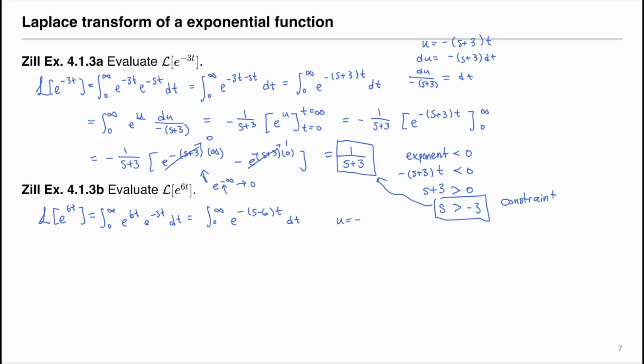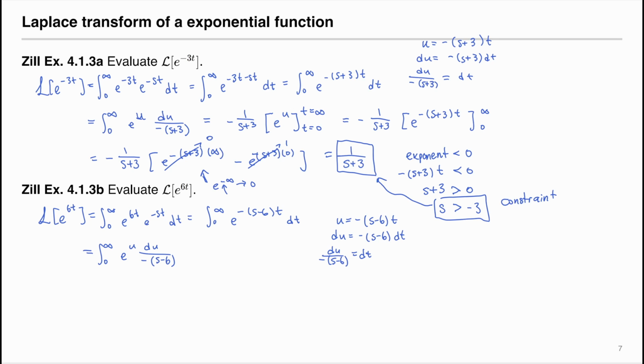So also do a u substitution. du equals a constant times dt, and therefore dt equals du divided by negative s minus 6. I'll still leave the bounds as t. So e to the u du over negative s minus 6.